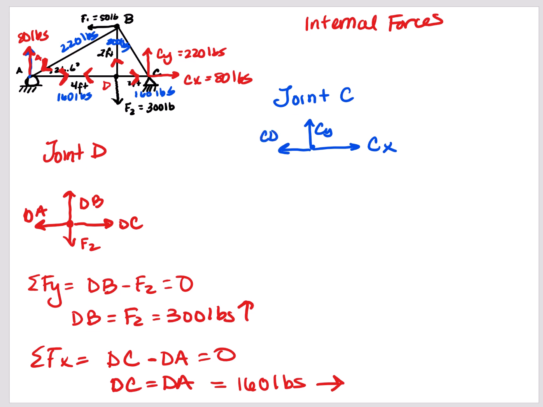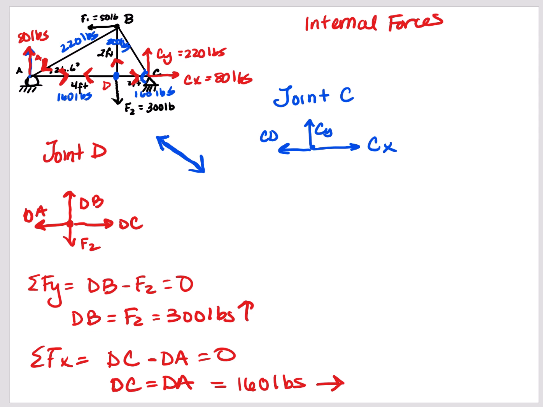Because if you look at the picture from joint D, we know that DC is going to go right. For the beam to be at static, the force from joint C has to oppose it. So I know this one's going to go to the left. So we have one more beam, which is BC. So BC can either go northwest or southeast.